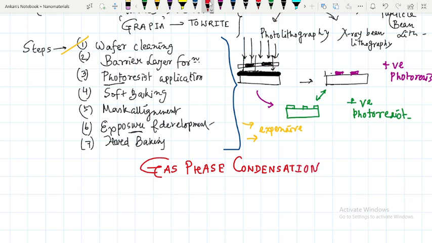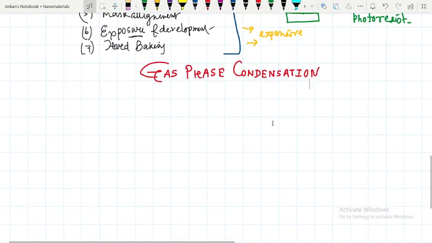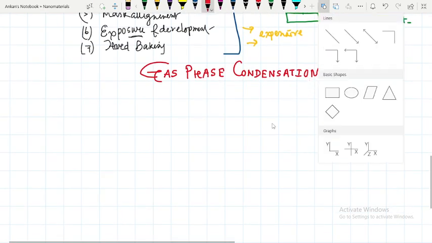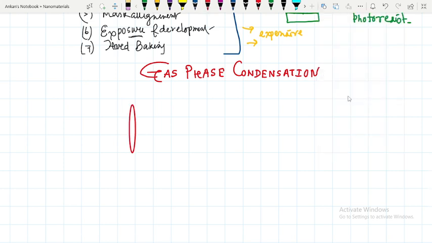Okay, so let me draw a figure here. Cylindrical shape is not present. Okay, I will manage this.